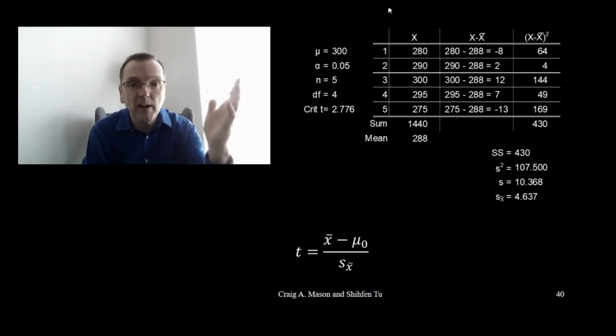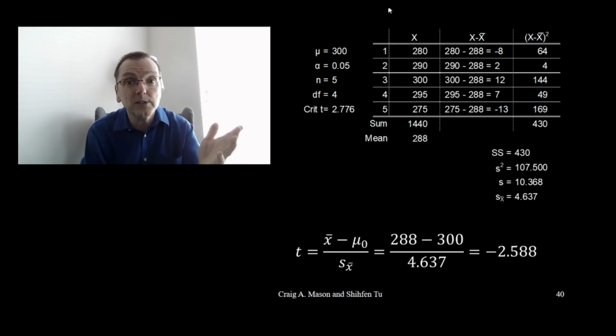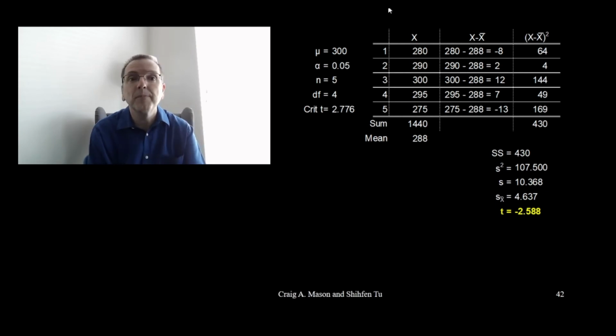Well, plugging in our values, that works out to be 288 minus 300 divided by 4.637. That solves to negative 2.588. So our t-score is negative 2.588. All right.